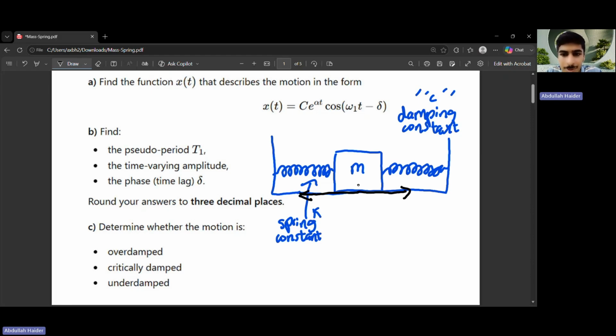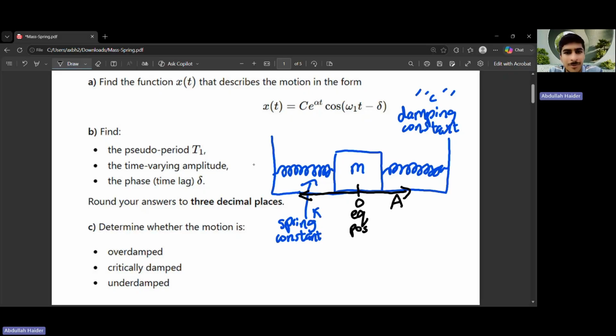So we assume that this is the origin, the equilibrium position, and when you give it a push to the right, it will have an amplitude, let's say A, and if there is no damping, means energy is not being lost. So basically, this mass will be oscillating left and right with the same amplitude and some speed.